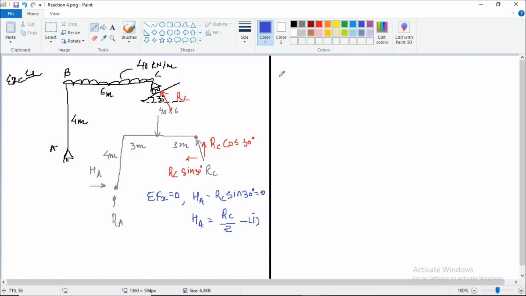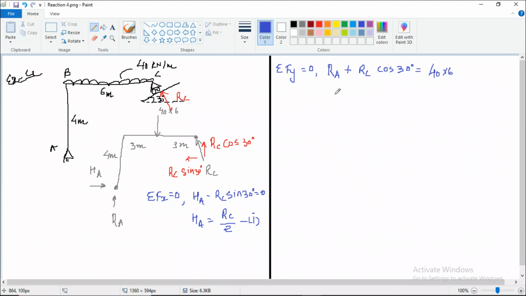Then apply the second condition, summation of Fy is equal to 0. If I apply this, we will have RA plus RC cos 30 degree, and minus, I can write it on the other side of the equal to, 40 multiplied by 6.